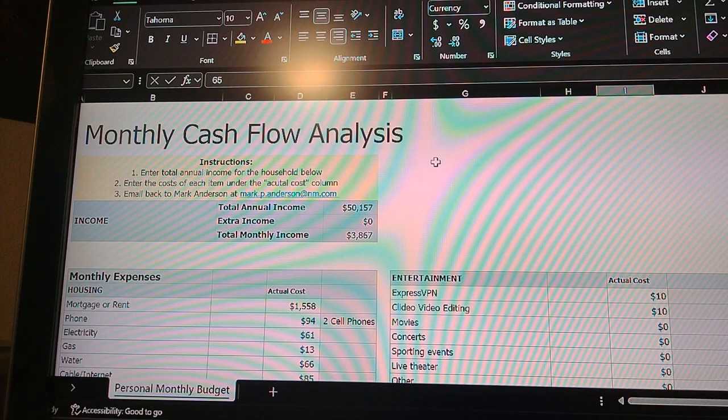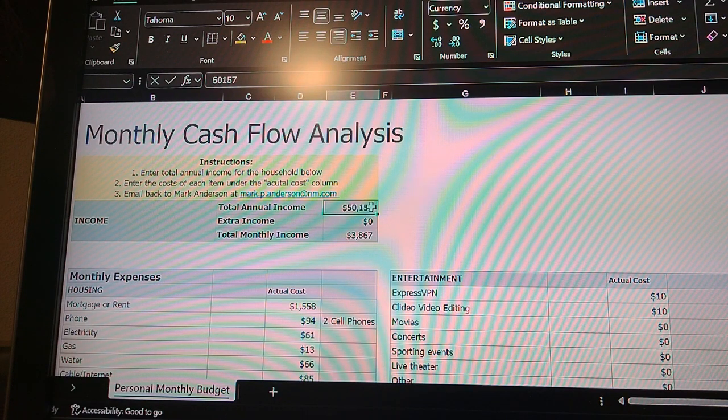What this illustrates in an Excel format is, going off of my 2023 W-2 income, how much did I bring in in net income? That's how much I brought in, a little over 50,000. And then extra income would be like, did I sign up for plasma donation, or do I get another kind of side gig job, like walking dogs or something? That would be extra income. Plug that in.